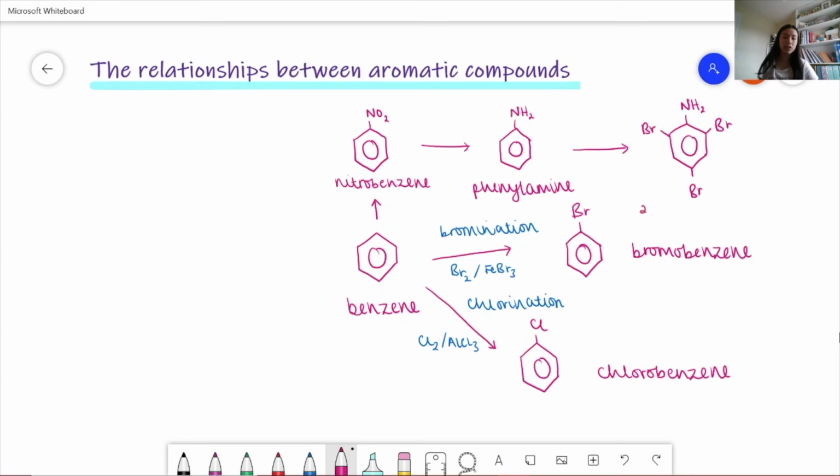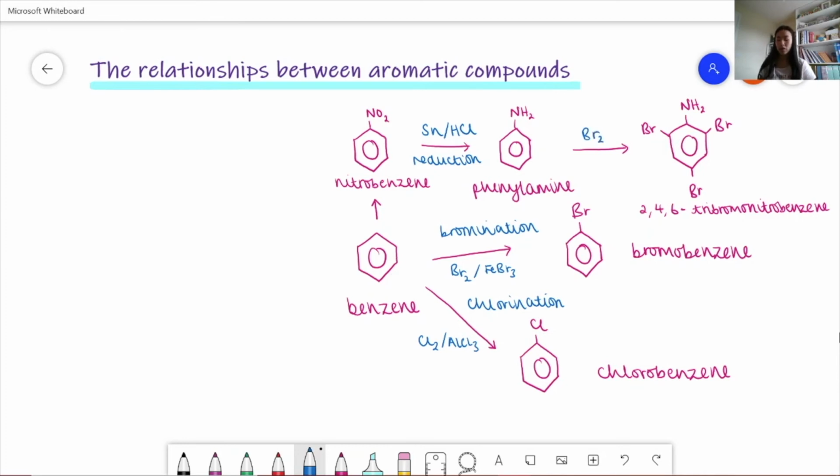So this is 2,4,6-tribromophenylamine. What we've done in the first step is reduced it, so this is reduction, and we've added some hydrochloric acid with a tin catalyst. And then for the second step, we've added some bromine.